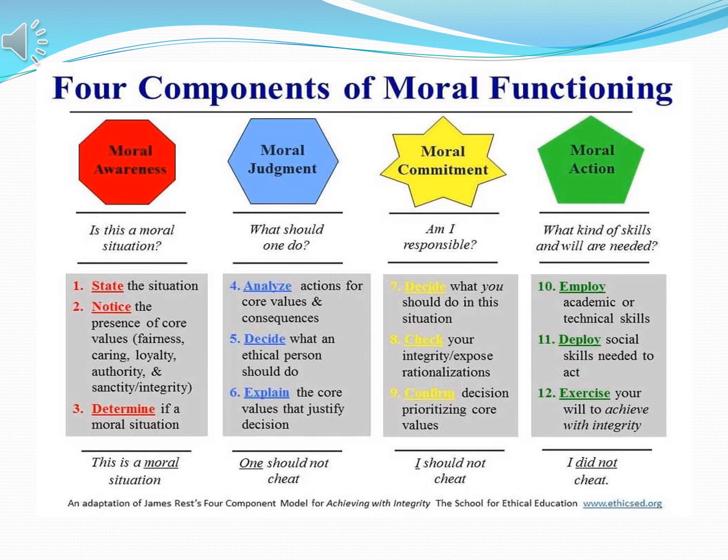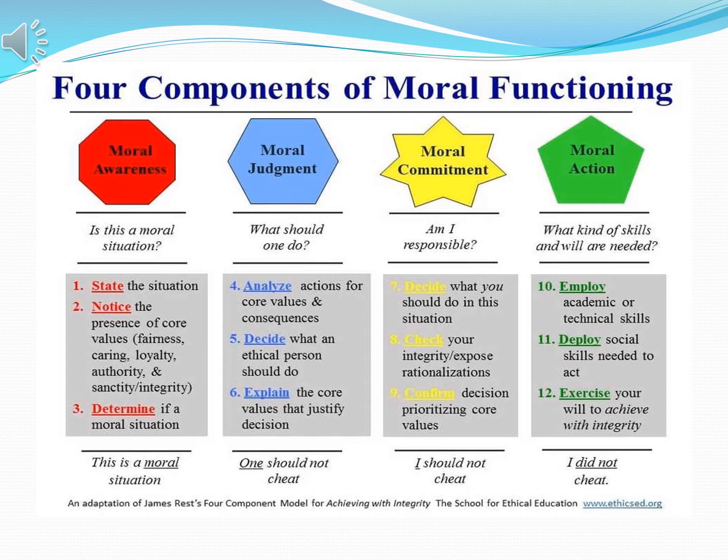So again, you do all these things keeping your integrity. So this was the model of moral functioning. And I will tell you, when you are doing an ethical project, you should keep all this in your mind and follow this model to reach a decision.